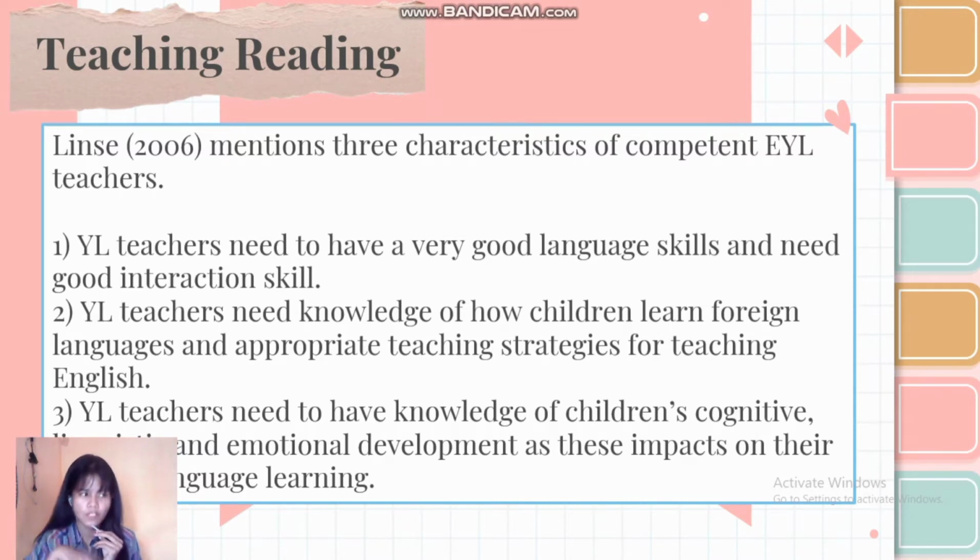And as I previously explained, reading can be taught through positive communication between educators and learners. So teachers must have good language and interaction skills so that they can create more interactive learning.